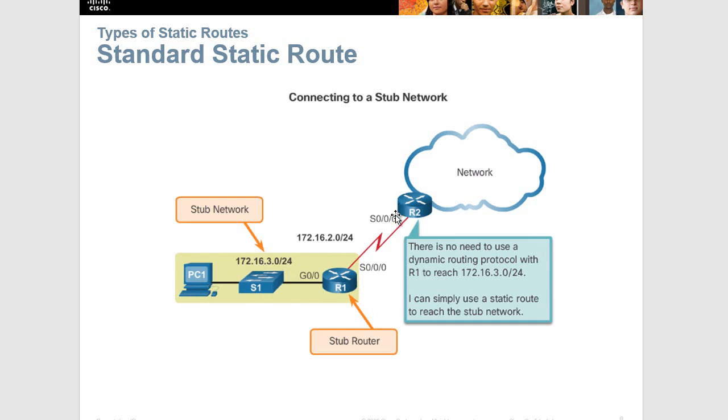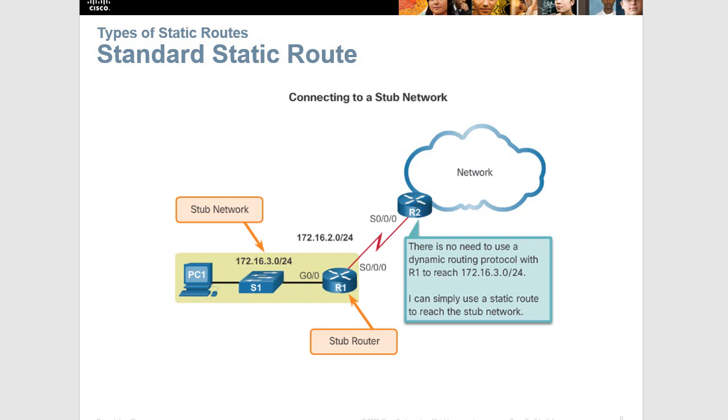Okay, so that's always going to be its route to that network. The directly connected network would be the .2 network for R2, so that would be an automatic entry, but you're making a static route to get to the .3.0 network over here. So that's what you do: a standard static route from R2 to R1.